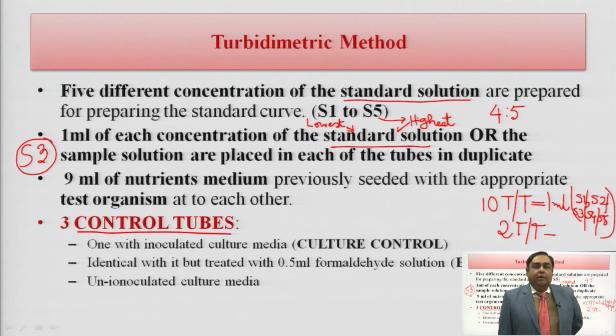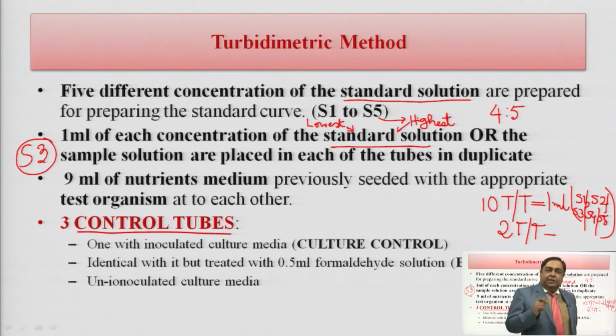Now, you take 9 ml of nutrient medium, basically nutrient broth, which you sterilize in an autoclave initially. This nutrient broth contains all the essential nutrition which the microorganisms require for growth, but it needs to be sterile, so that it does not contain any extraneous microorganisms.